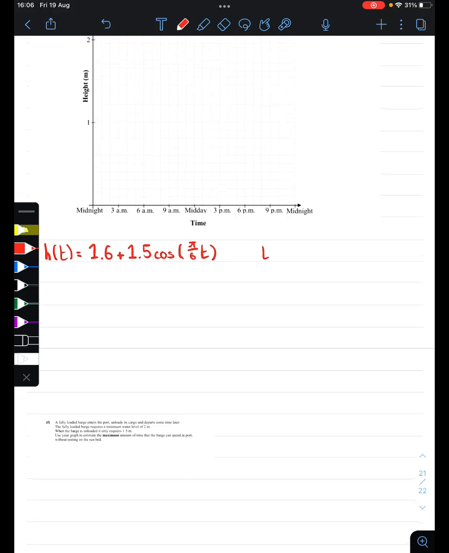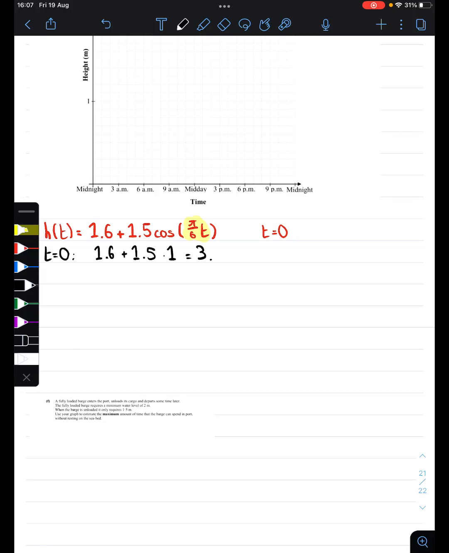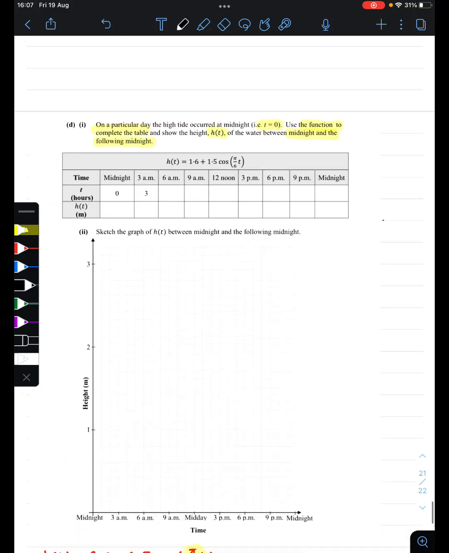And when t equals 0, we'll have 0 in here, and cosine of 0 is 1. So for t equals 0, we get 1.6 plus 1.5 times 1, so we just get 3.1. And this makes sense because they've told us that it's high tide at this time. So this is 3.1.